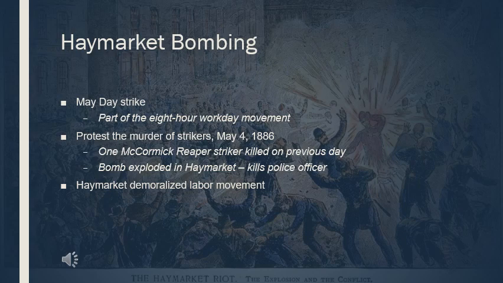So there were a lot of emotions that were stirred up by this bombing. Whatever the case may be, when we look at a lot of the newspapers of the day, the May Day strike on the 1st was celebrated sort of nationwide. Everyone was like, this is a great idea, we should have an 8-hour workday. Everyone, including employers, was even participating in this event. By the time that we get to May 4th and May 5th, everyone is anti-union.